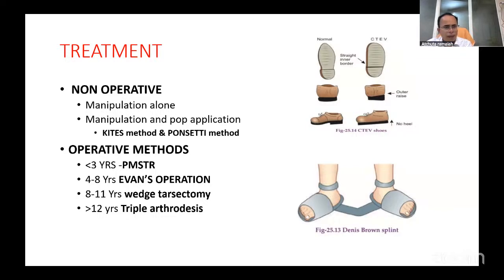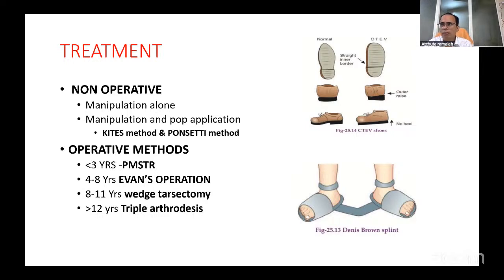Initially the Kite method was used, and Ponseti modified that. In the Kite method, the concept was that the forefoot deformity is the main deformity to address in order to correct the whole CTEV. But in the Ponseti method, not only the forefoot adduction deformity, there is a bony element: the talus and navicular bones are taken as a fulcrum.